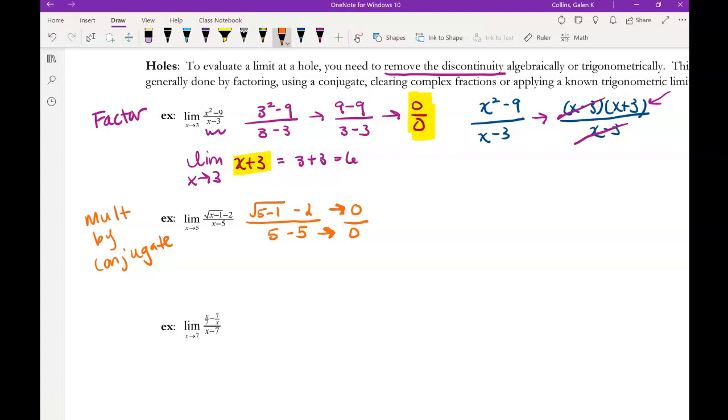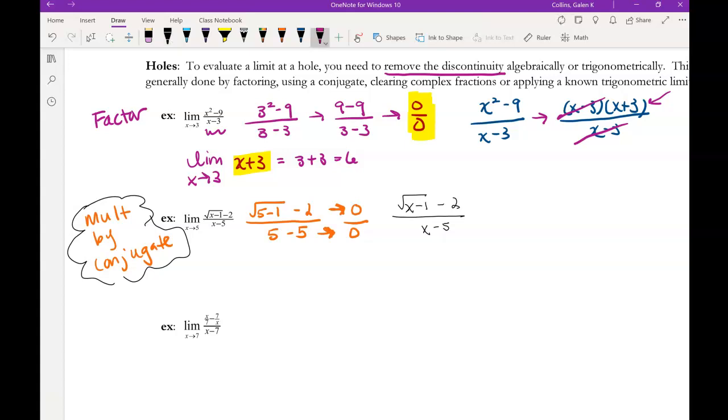All right, so for us to multiply our function by the conjugate, if I have the square root of x minus 1 minus 2 over x minus 5, the thing I'm trying to get rid of here is that radical expression in the numerator, and the presence of that radical is really a clue that we need to use this strategy.